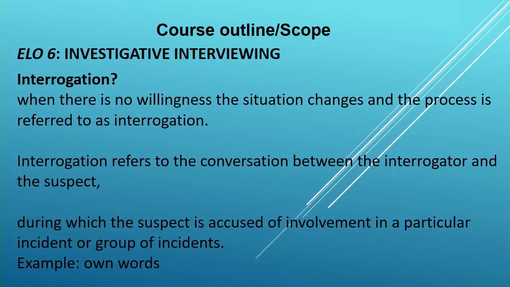Interrogation: when there is no willingness, the situation changes and the process is referred to as interrogation. Interrogation refers to a conversation between the interrogator and the suspect, during which the suspect is accused of involvement in a particular incident or a group incident.